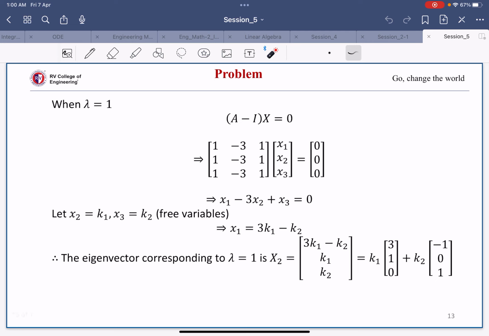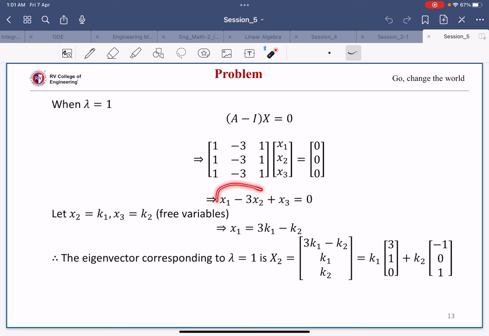So we substitute lambda as 1, we get this particular equation, we solve it, we get again this particular matrix, and we know by using the row transformations these two rows can be made completely zero by subtracting the first row.